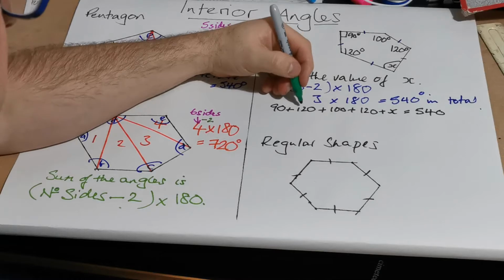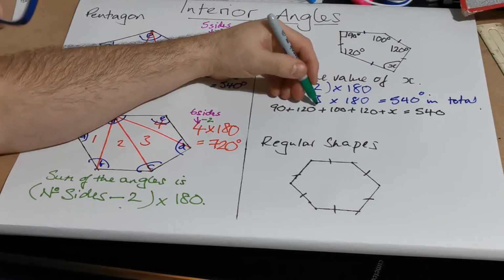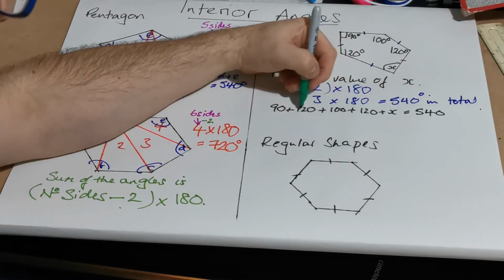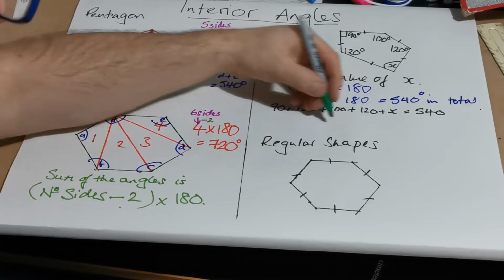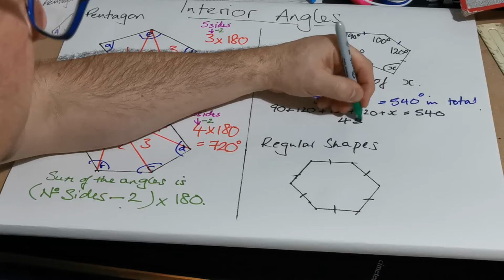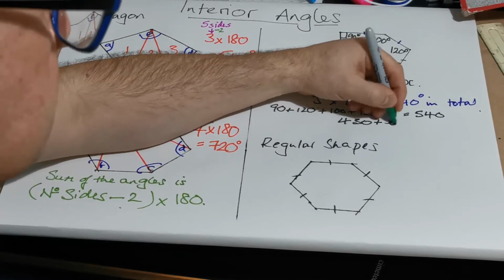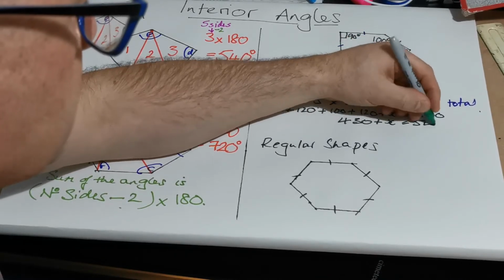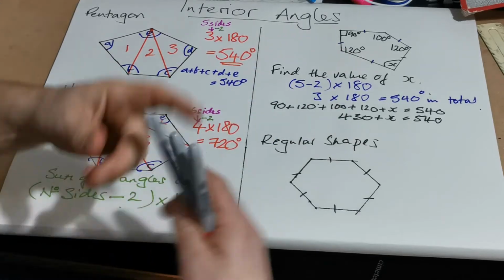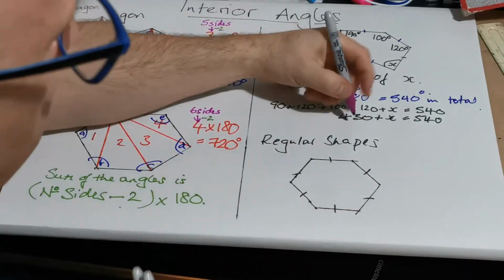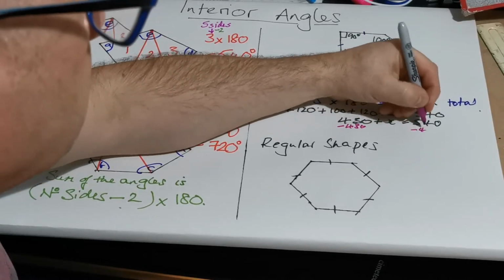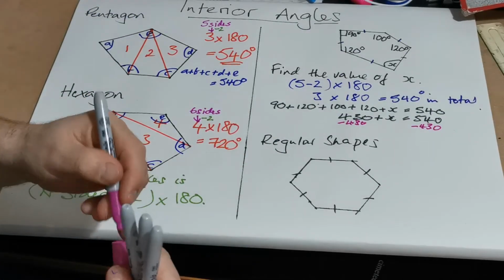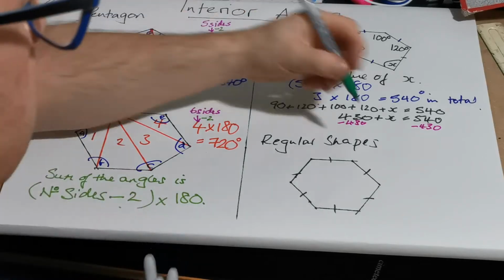So if I add these up, I've got 120, 220, 320, sorry, 120, 220, 340, 430 plus x is equal to 540. So if I take away 430 from both sides, I get x is equal to 110 degrees.